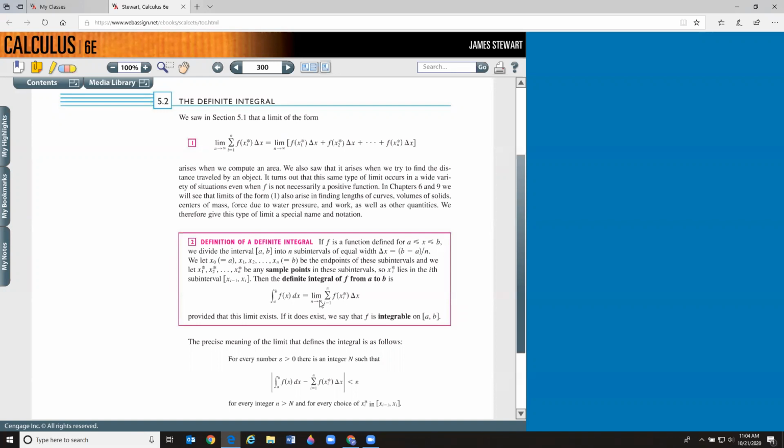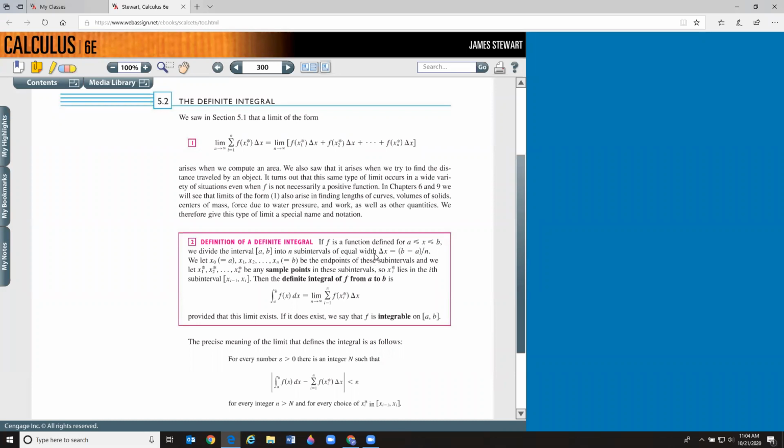It's worthwhile to say that it was defined using just sample points from within the interval. But numerically speaking, the calculation will come out the same whether you use a right-hand endpoint in the interval, a left-hand endpoint of the interval, or just a random point from anywhere within the interval.